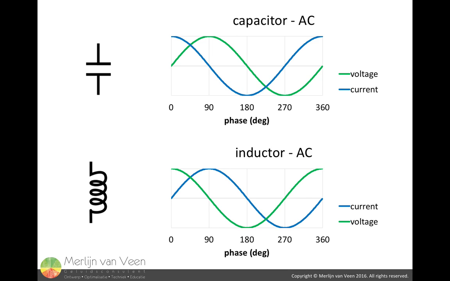When current is at a maximum, voltage is zero, but when current changes direction, voltage increases. Again, there is a 90-degree difference between the peaks in the chart. However, voltage across an inductor leads current by 90 degrees. Inductors oppose alternating current by raising their impedance or resistance, stopping high frequencies, and allowing low frequencies to pass. A low-pass filter.